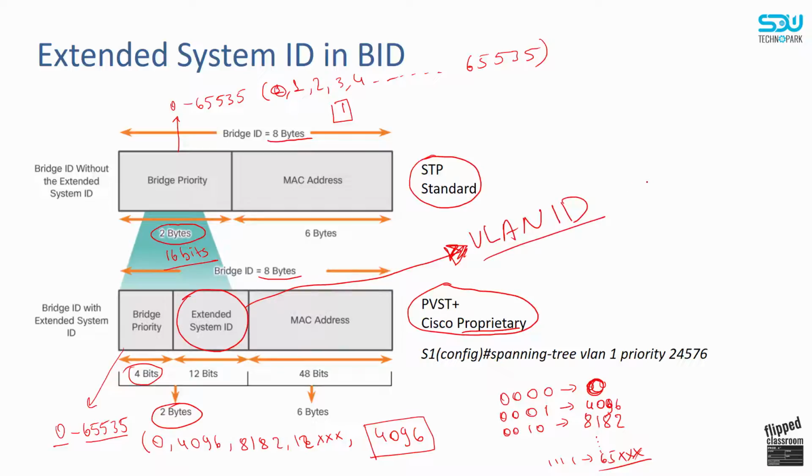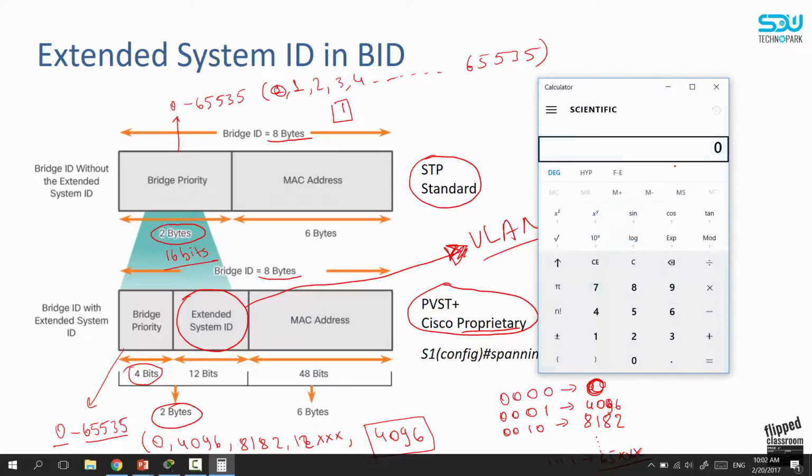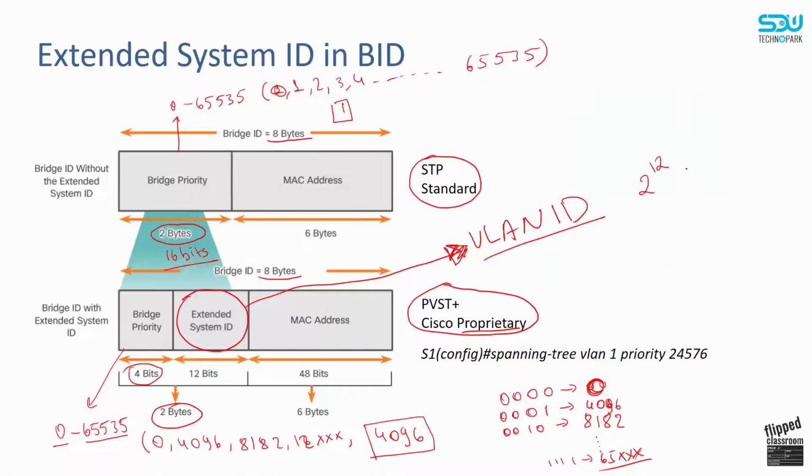So we are able to define it as 2 to the power of 12, which will give us, let's calculate it, 2 to the power of 12, 4,096. So that many VLAN IDs we are able to define in this range. And afterward, the last subfield of the BID is equal to the MAC address, and it actually takes 6 bytes or 48 bits.